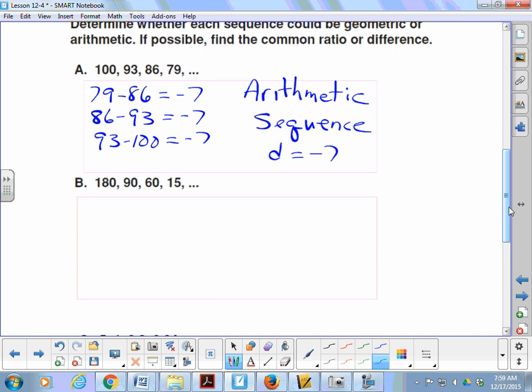No. Okay, so it's not arithmetic. So we'll try geometric. With geometric, because we're looking for a common ratio, that means we're going to be dividing. So we're going to do 15 divided by 60. Is that equal to 60 divided by 90? Is that equal to 90 divided by 180?